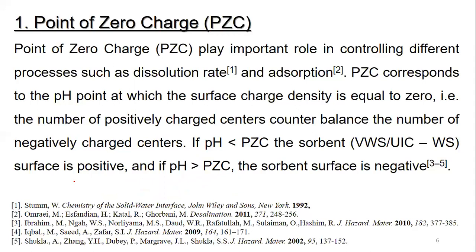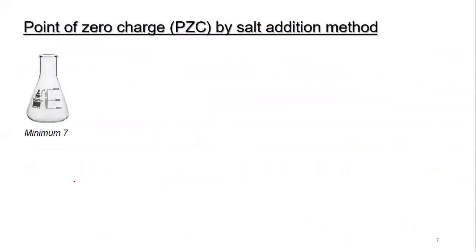But the question is how we can find out the point of zero charge in the lab. Okay, now what are the requirements? The first one, you need some flasks. That is a glass flask, a conical flask. Minimum you need 7. You can also use some plastic bottles or some other containers as well.